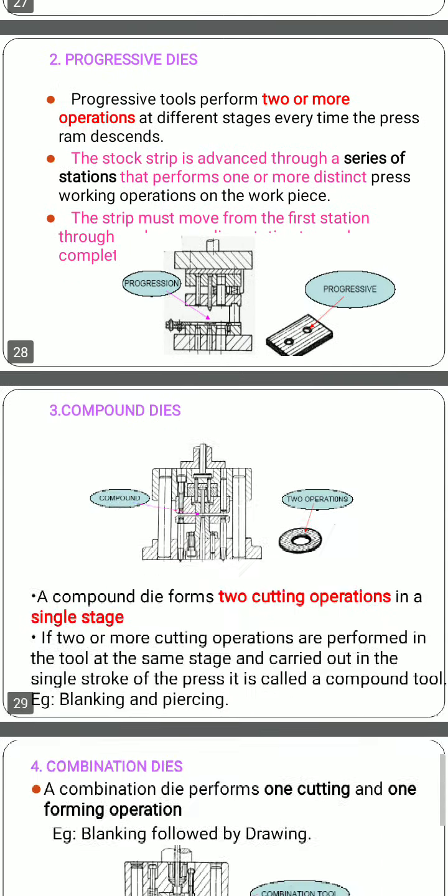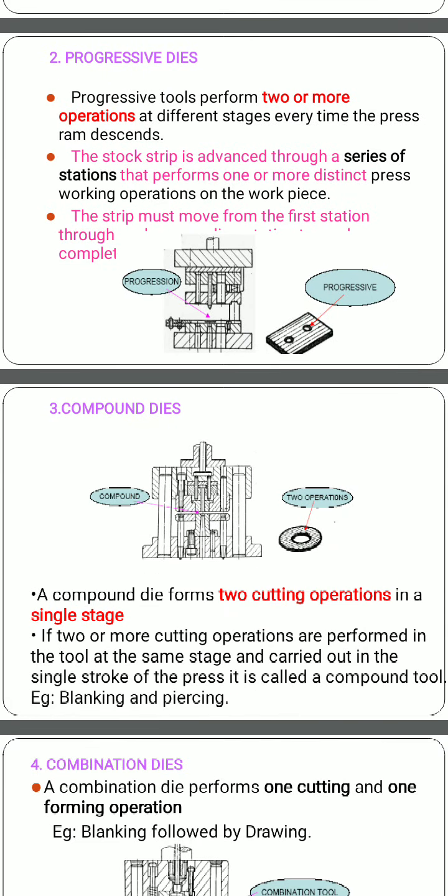Next we go with the progressive dies. Here in progressive tools, it performs two or more operations at different stages every time the press ram descends. There will be a ram which applies the force on the punch side.